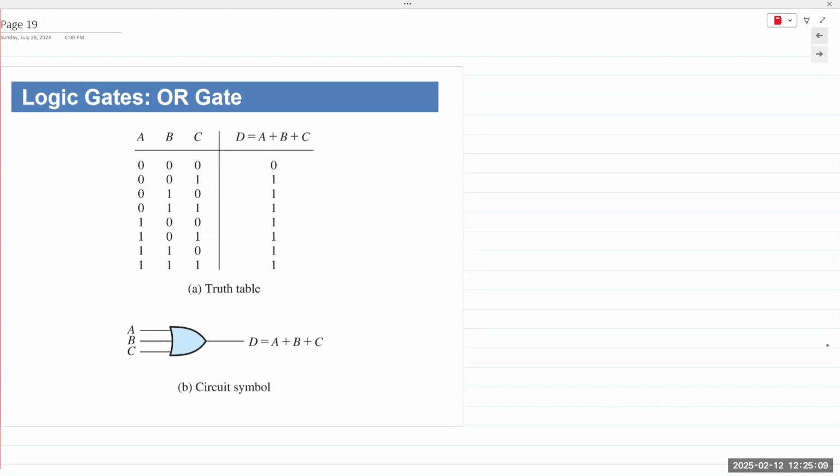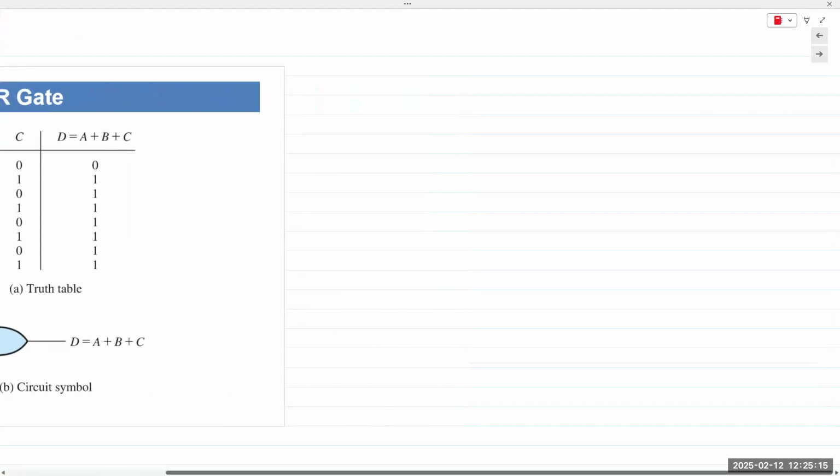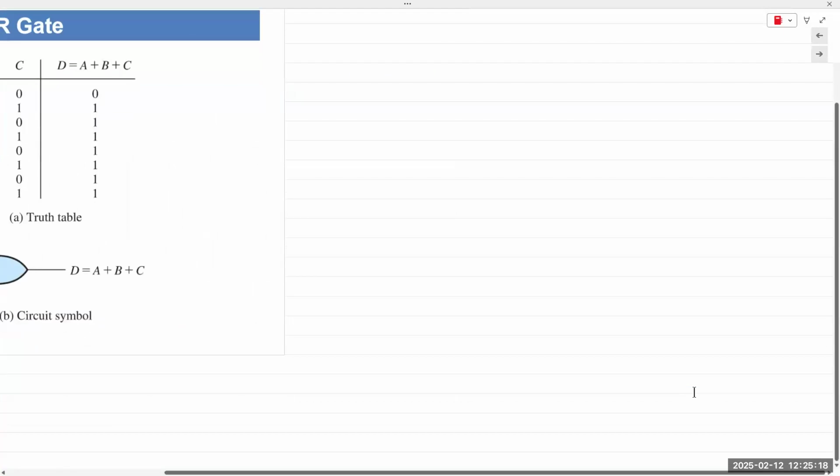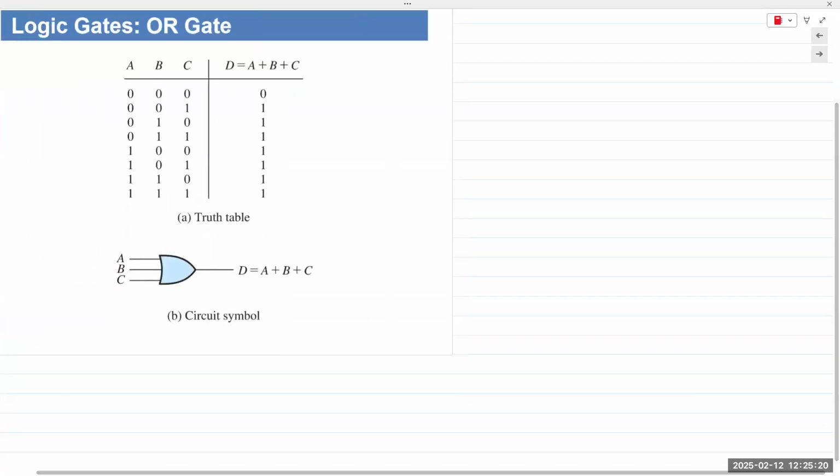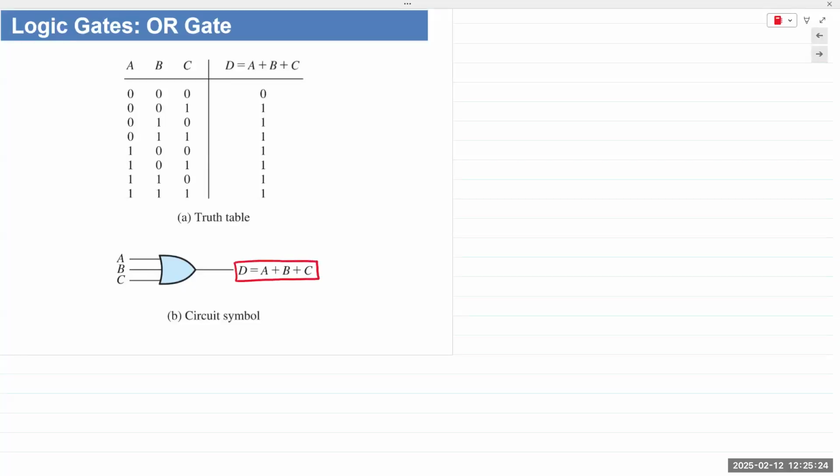So this is the 3-input OR gate. I think I already spoke about this on the previous page. The answer is A plus B plus C. Output goes high when even a single input is high. So this is a 3-input gate, and you can have a multi-input gate.